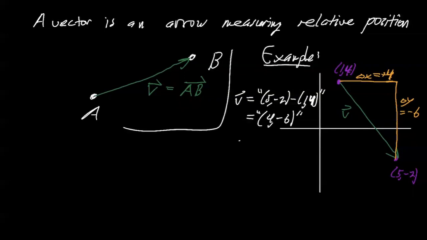One way we could write this, I'll tell you some notations in a moment, is with angle brackets, which some books use to make it clear it's like an arrow instead of a point in space. What this represents is the change in X and the change in Y. Again, I said something like displacement.